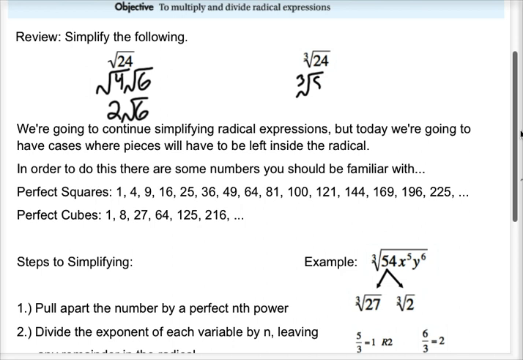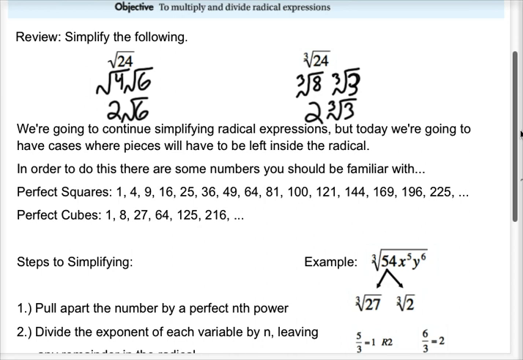So I'm going to break this up into the cubed root of 8 and the cubed root of 3, because this time, 8 times 3 gives us 24. The cubed root of 8 we know is 2. So we simplify that one, and then we have to keep the cubed root of 3.